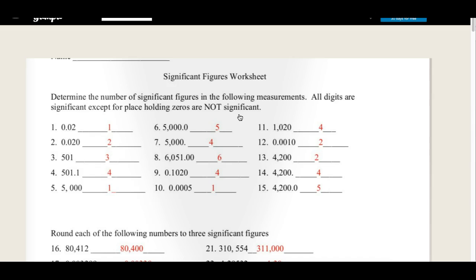So the 5, because there's no decimal after the 0, is one significant figure, compared to 6 and 7 where there are decimals. You might want to add a few of these examples in to the previous one, so you can say, this is when the zeros are included and when they're not included.